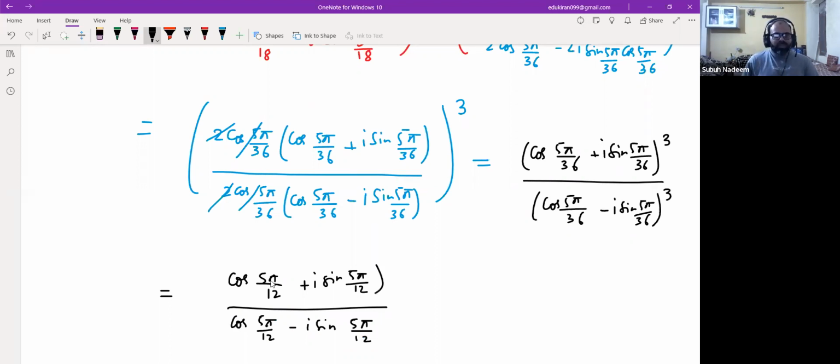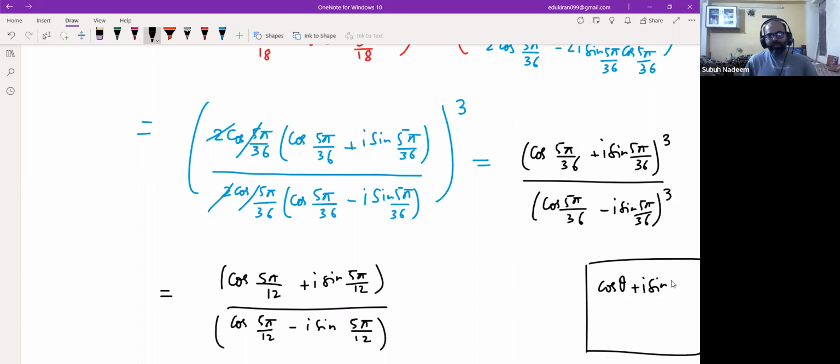Now, after this, you can do one thing, that is a Euler form you can take the help of, that is cos theta plus I sine theta can be written as e to the power I theta. So this is e to the power I 5 pi by 12, and this is e to the power minus I 5 pi by 12, because here there is a minus sign. So right till here, this will become e to the power I 5 pi by 12 plus 5 pi by 12.